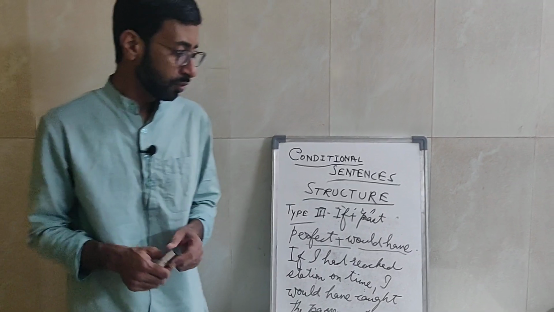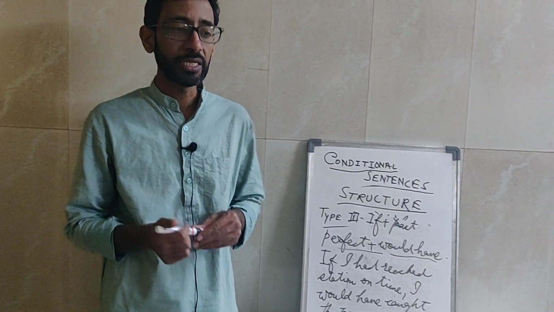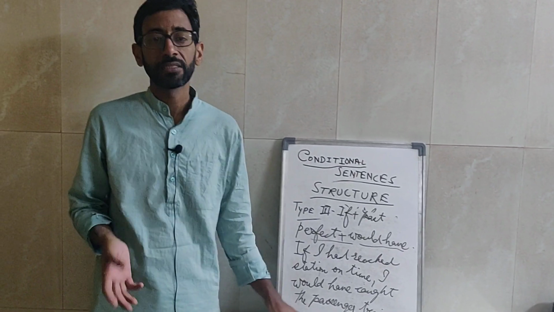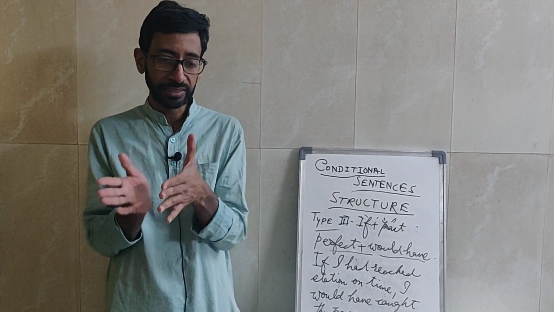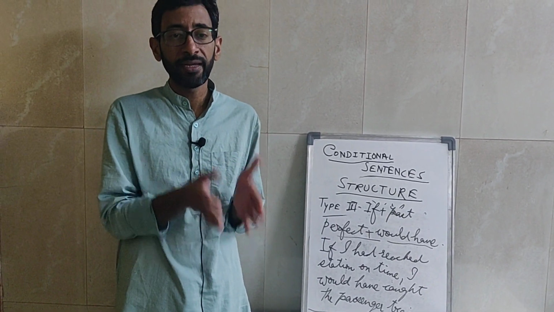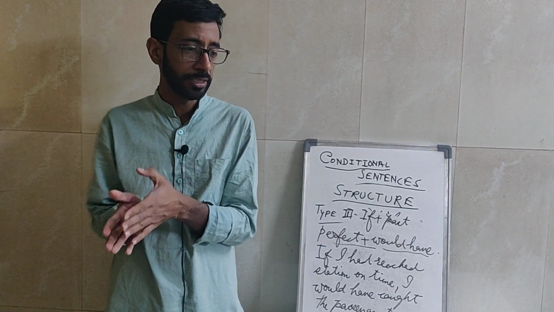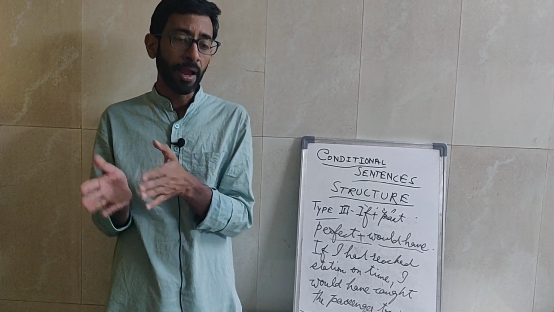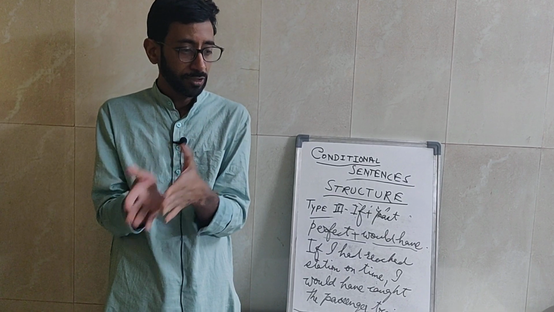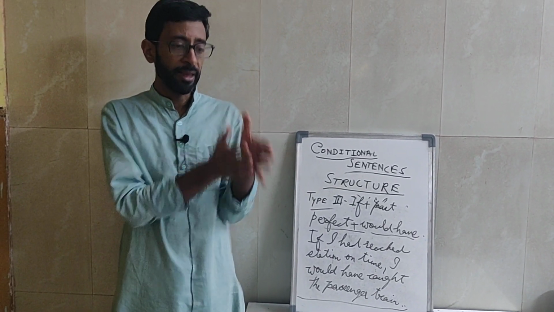So just to revise once again, we can say that each and every conditional sentence is made up of two parts. The first one is called if clause, the second one is called the main clause. It does not depend which clause comes first. It is quite possible to start a conditional sentence with the main clause, and it is also possible, as it generally happens, that all conditional sentences start with if.